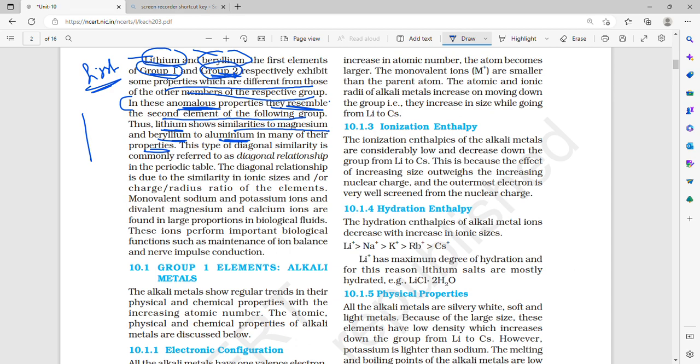So you can say that we have lithium, sodium, magnesium.